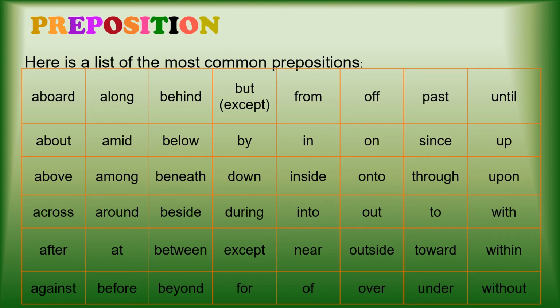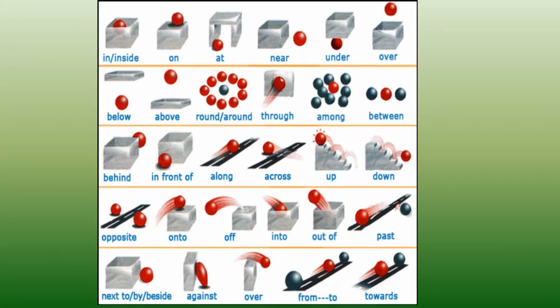Aboard, along, behind, but or except, from, of, past, until, about, amid, below, by, in, to, out, into, during, at, for, of, over, etc. This photo will help you to understand the meanings of some location prepositions, like inside the box, on, at, near, around, through, among, up and down, etc.